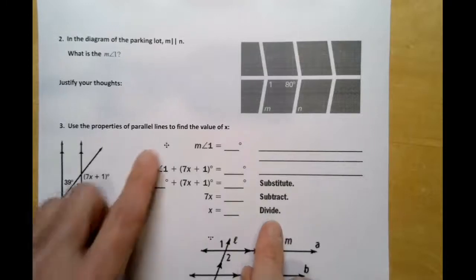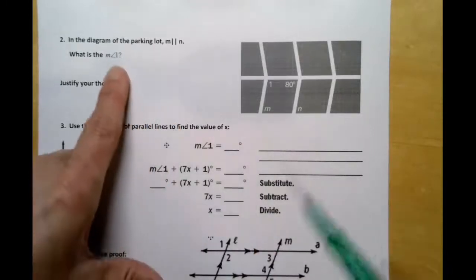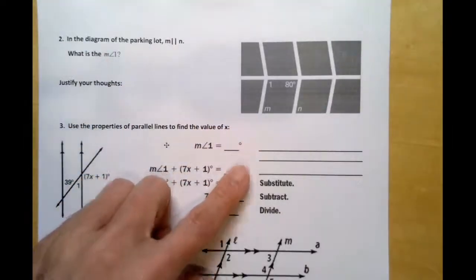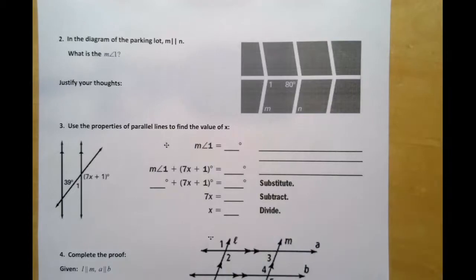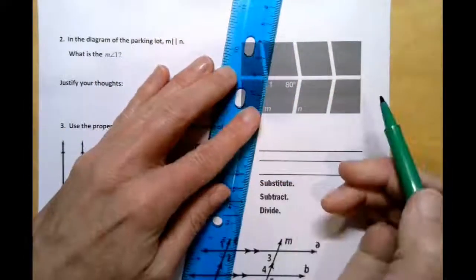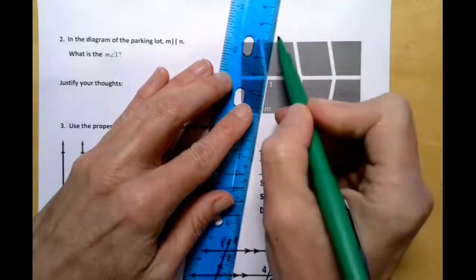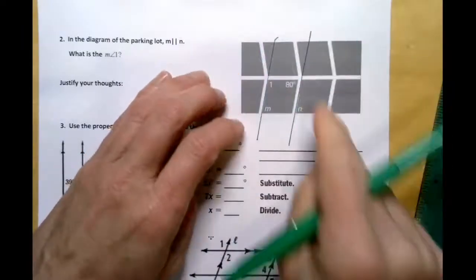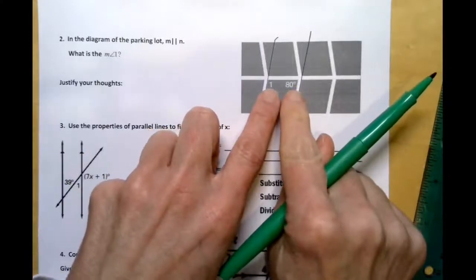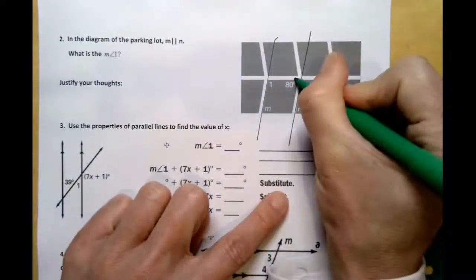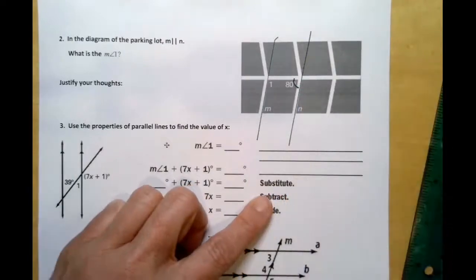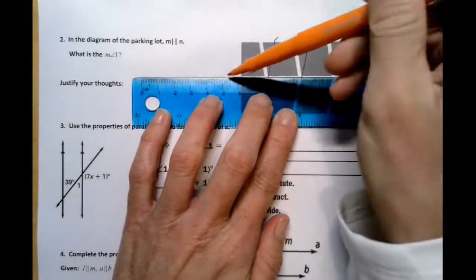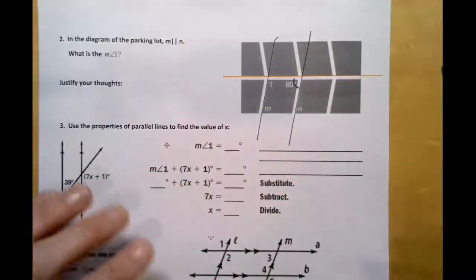Now let's talk about some applications of these conversations. In the diagram of the parking lot, M and N are going to be parallel. So we can go ahead and recognize that these streets, you know, if you want to think about this being a map, M and N are going to be parallel. So if this angle here has a measure of 80, if this line here is my transversal, guess what?